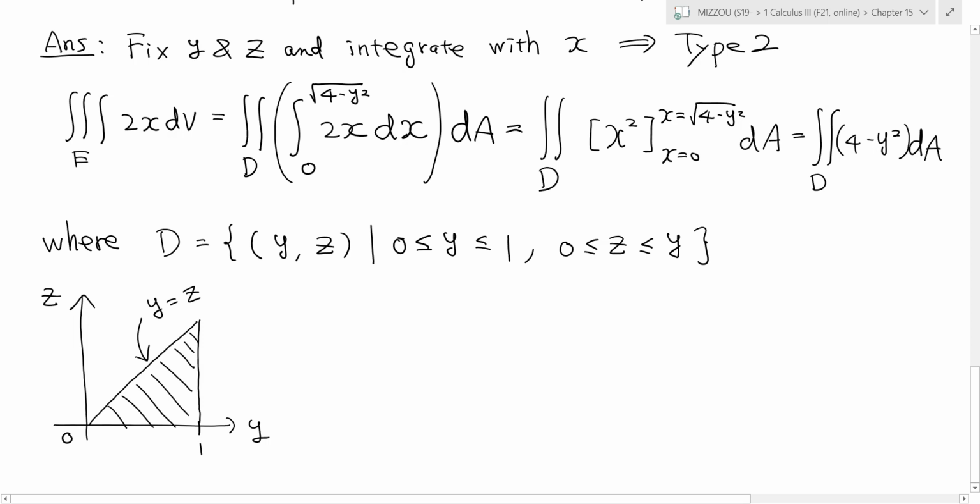Okay, so therefore, this integral of 4 minus y squared dA is, okay, let's just compute this double integral. Well, for a double integral, you fix one of the variables and then vary the other variable. In this case, you could do either way, but probably the simpler way is this one. So for each fixed y, your z value varies from 0 to y, z is equal to y.